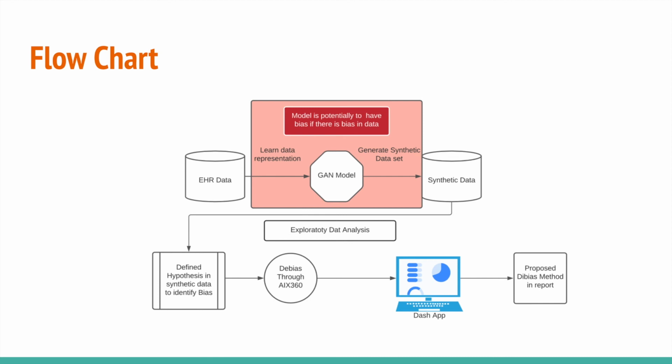We will implement AIX360, which is an IBM built package, to debias those problems. Finally, we will visualize our results through the Dash app and propose some next steps to help us better collect data for future needs.